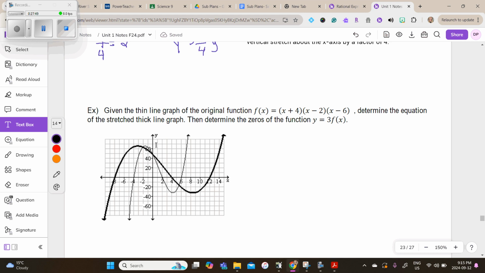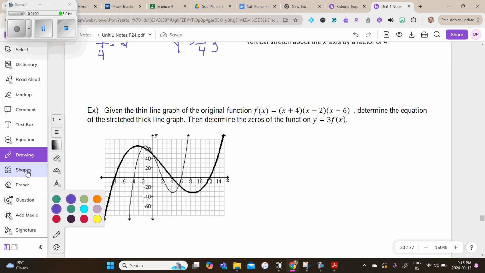So the first thing I notice is that my maximum and my minimum on this graph, if I were to point those out, have not changed values as far as our y values go. That's telling me that likely we're not seeing any type of vertical stretch. We're only seeing a horizontal one. So now I'm going to check to see, well, by how much? I can see my x-intercept started at -4 and it moved to -8.